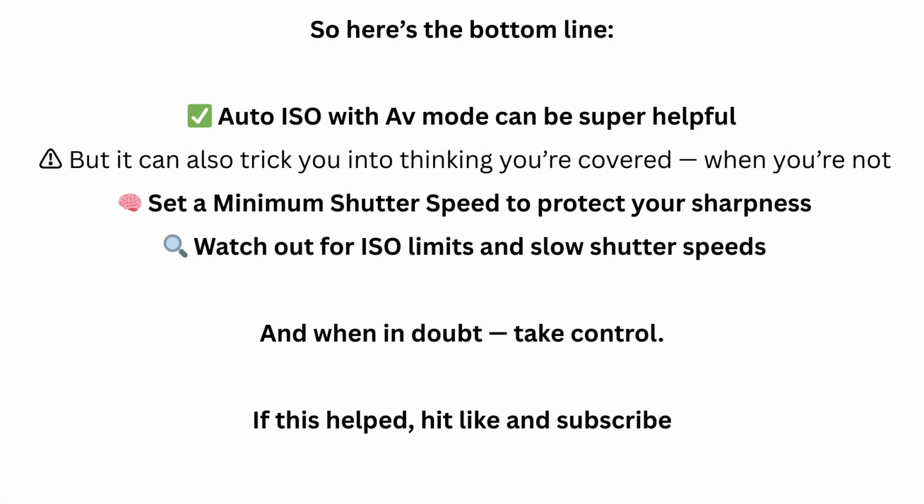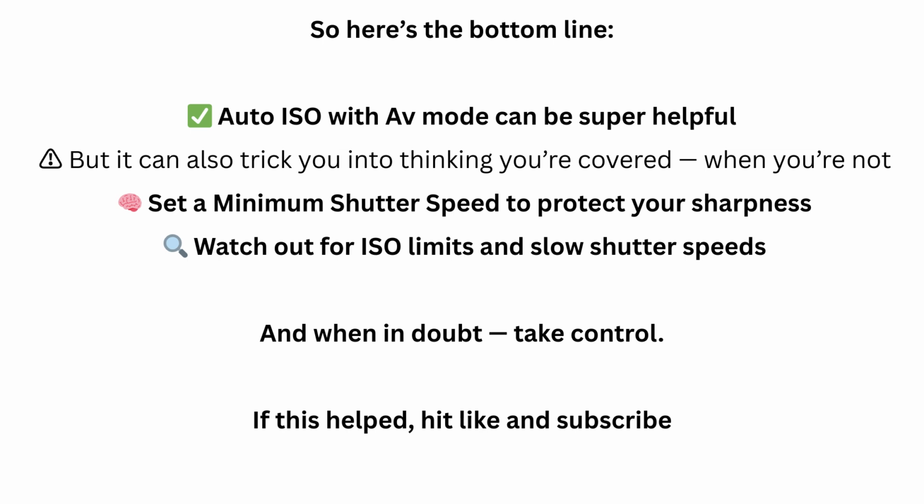The auto ISO is a fantastic setting. It can be absolutely super helpful. But the trick is to realize that perhaps you're not as fully covered as you think. The main one being that the camera will select a shutter speed that's not quite fast enough for whatever particular lens you've got on, especially with the longer lenses, with the telephoto lenses.